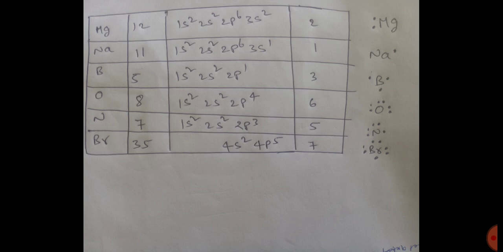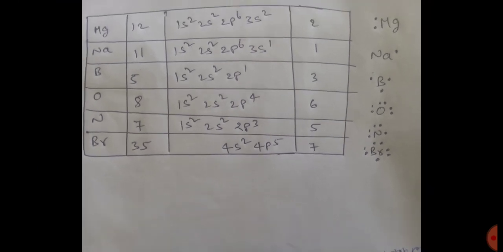For example, when we observe magnesium, what is the atomic number of magnesium? 12. That is the atomic number of magnesium. Based on the atomic number, we write the electronic configuration of magnesium as 1s2, 2s2, 2p6 as well as 3s2. So what is the valency of magnesium?